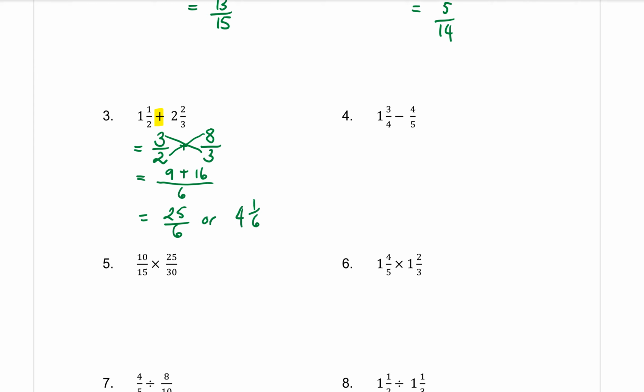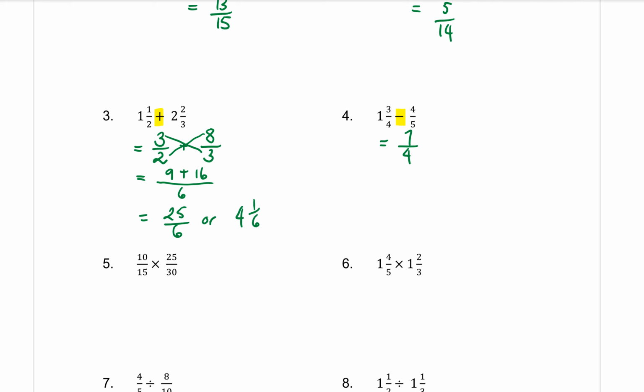Okay, question 4. We are subtracting, but again, we have a mixed numeral in there. Everybody should be watching. No one should be talking. So changing that first fraction, the 4 on the bottom stays on the bottom. 4 times 1 is 4, plus 3 is 7.